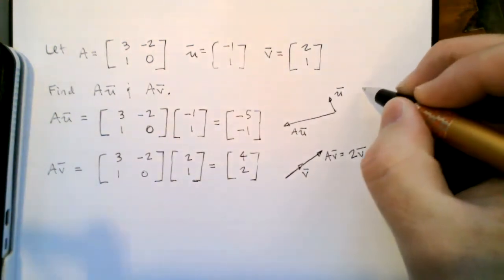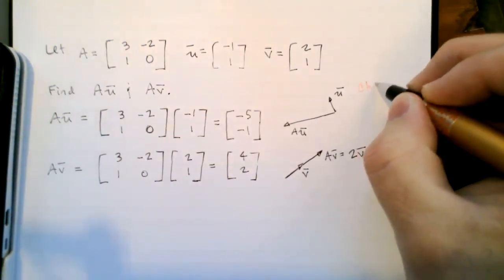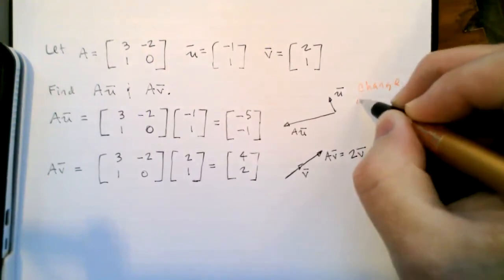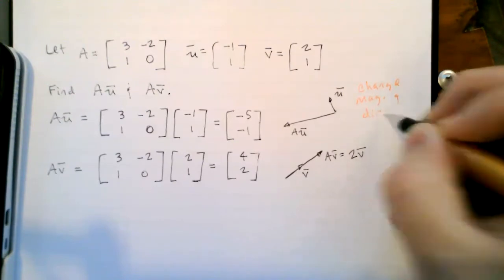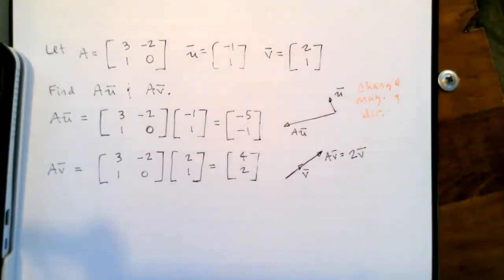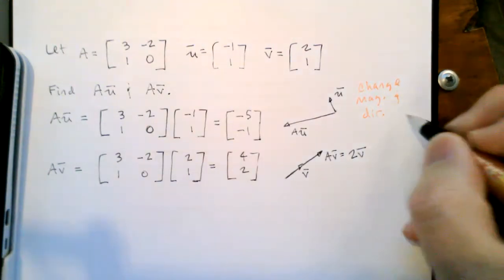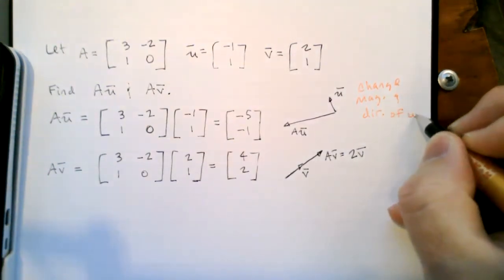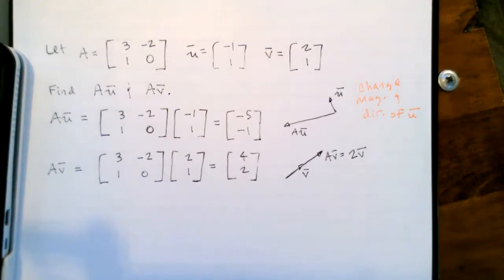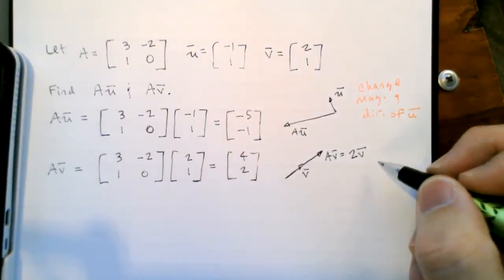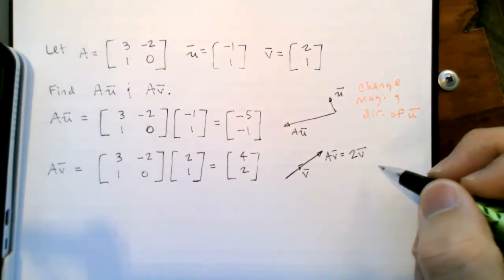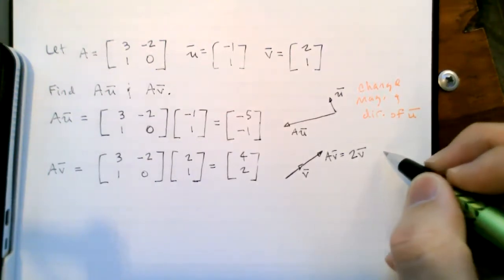So multiplying by A changed the magnitude and direction of U. But when I multiplied by V, we only changed the magnitude, did not change the direction.